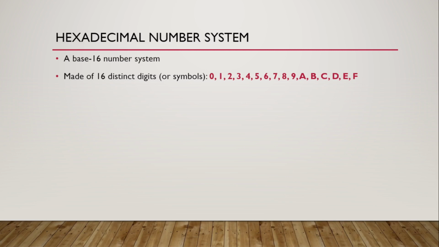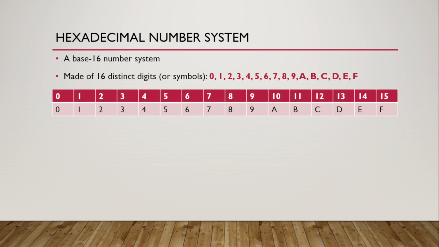Those digits are 0 to 9 and then A to F. They have to be distinct, so you cannot continue with 10, because 10 means you're combining 1 and 0, and the digits contained in 10 are not distinct. Hence, we use extra symbols to represent the remaining digits in the hexadecimal number system.